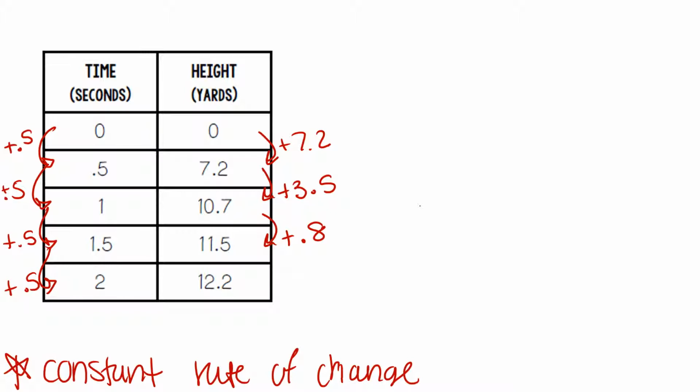And the last one, 12.2. To get to 12.2, we have to add 0.7. 11.5 plus 0.7 gives us 12.2.